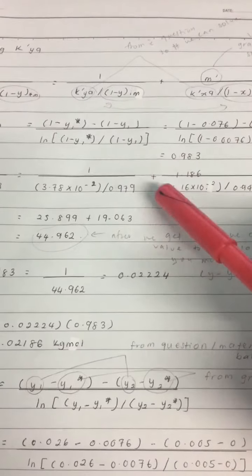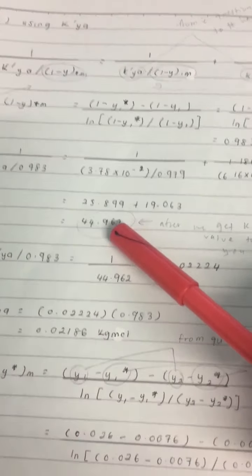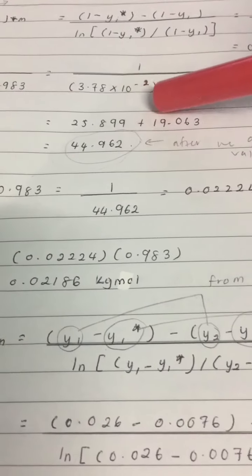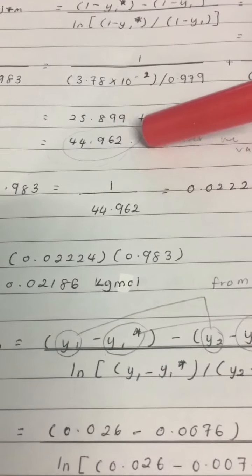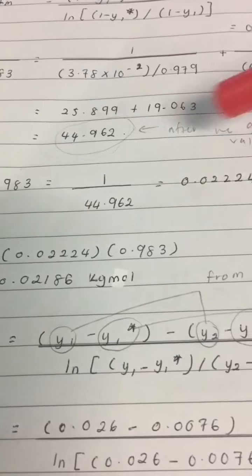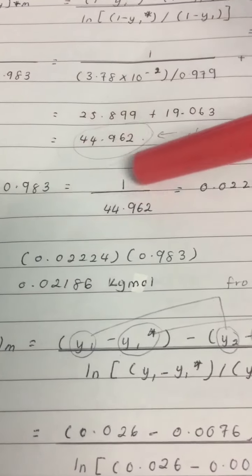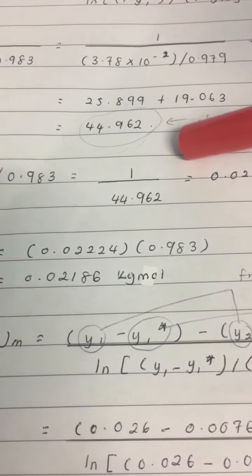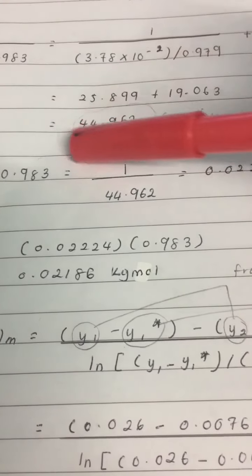Using this equation, we get the value of big K prime ya, which is 44.962, and we substitute it into the equation to calculate z.